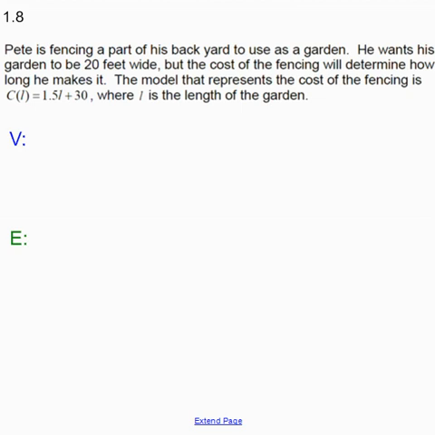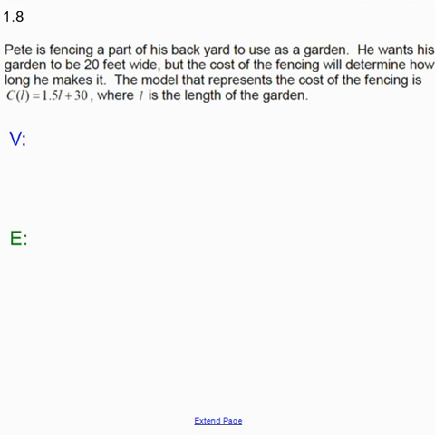The model that represents the cost of the fencing is C of L equals 1.5 L plus 30, where L is the length of the garden. So don't be confused by that language when we say the model that represents. We just mean that that equation is the one we're going to use in this problem.